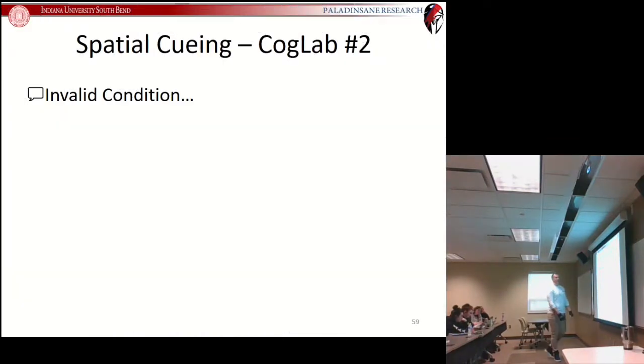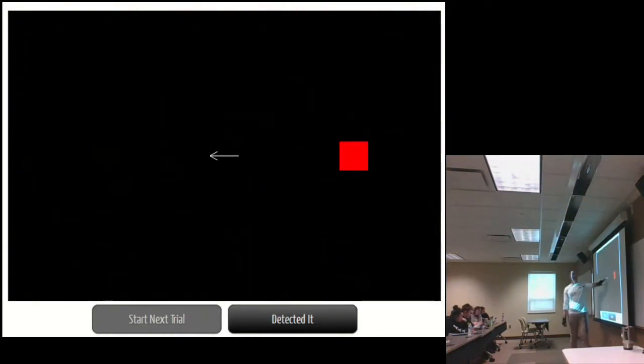On the other hand, in the invalid condition, when you saw this arrow here, once again, you still maintained your eyes on this arrow, but now your covert attention moved over here. So now when something popped up in the opposite area, not only were you not ready to go to process it, you were at the wrong location, so there was nothing here to process.